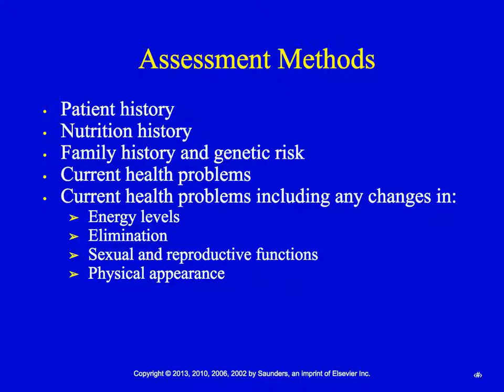Addison's disease can cause significant skin pigmentation, so it has effects on lots of different parts of the body. It's important to be aware of this and their physical appearance to trigger signs and symptoms of endocrine disease. We'll talk about those more specifically when we get to those specific disorders. But I just wanted to point out that the skin can, a lot of times with these endocrine disorders, be one of your first clues.